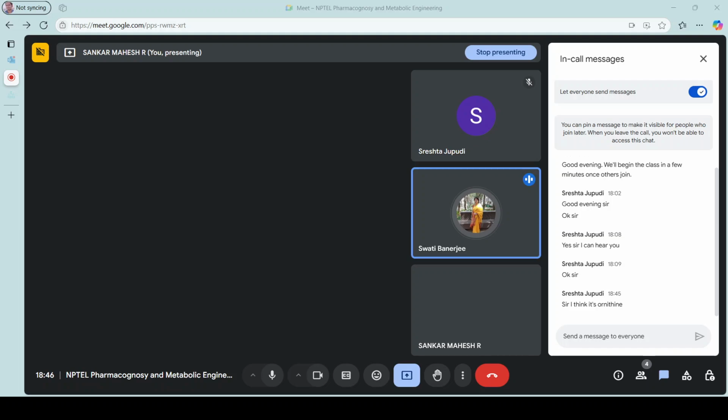Right. Which is the tropane alkaloid precursor amino acid? Ornithine. So what is different or specific about ornithine compared to other options given here? Any idea?